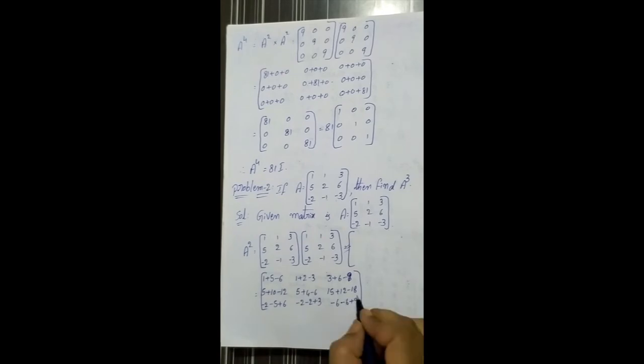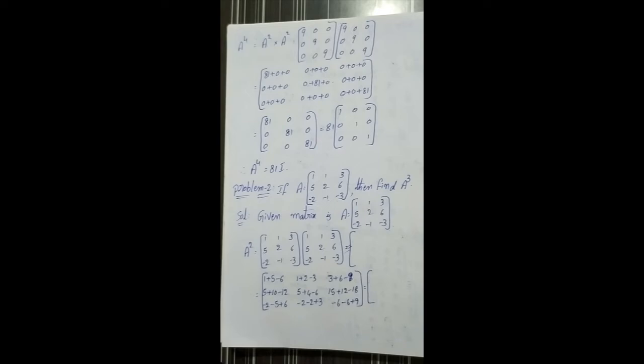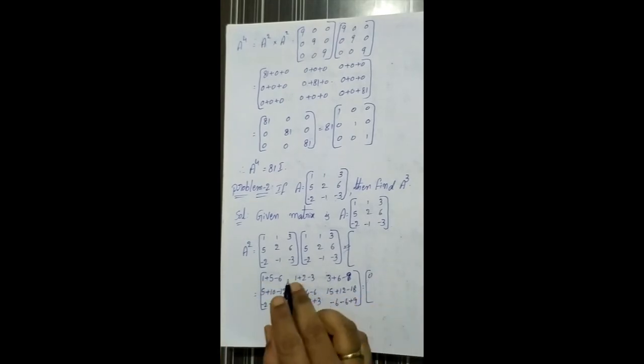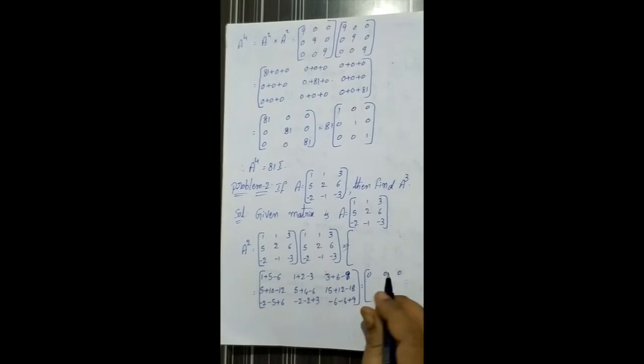Then A square value is: 1 plus 5, 6 minus 6, 0. 3 minus 3, 0. 9 minus 9, 0.